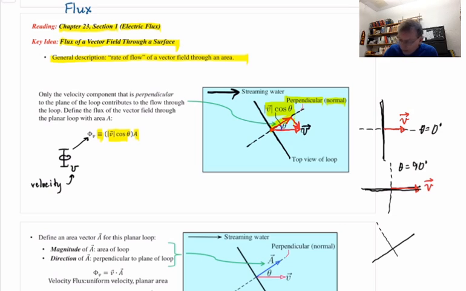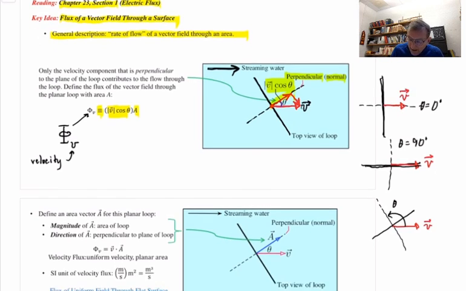But the normal was that way, and then the velocity is that way. Now the angle theta is that, which is bigger than 90. Note when you take the cosine of that, you're going to get a negative number. Yes, you can have negative flux. It just means that angle there is bigger than 90.